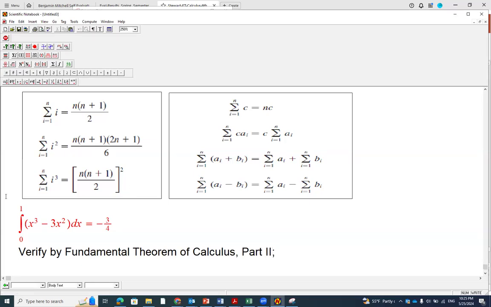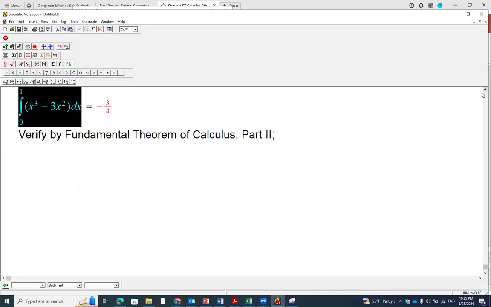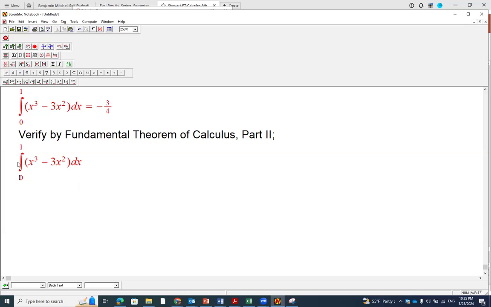Okay, let's verify this. It's a definite integral. Okay, we probably don't need to do any substitution, anything. This should be pretty simple work. Just applying antiderivative. We know antiderivative, right? The antiderivative for x raised to the power 3 is, whoops, what's going on here?